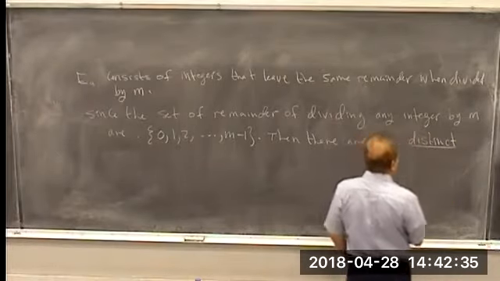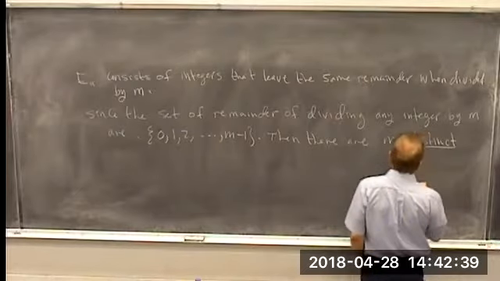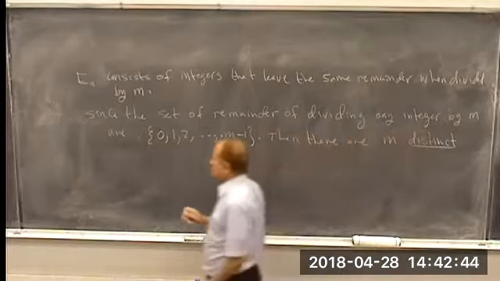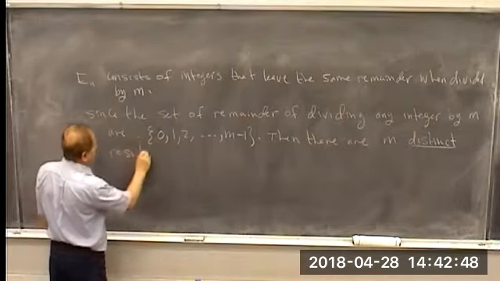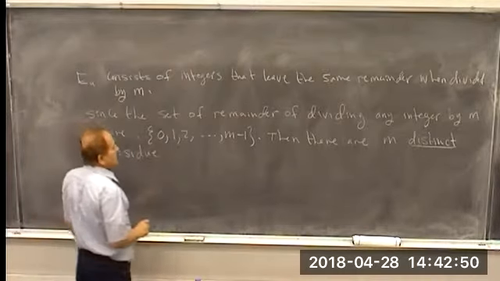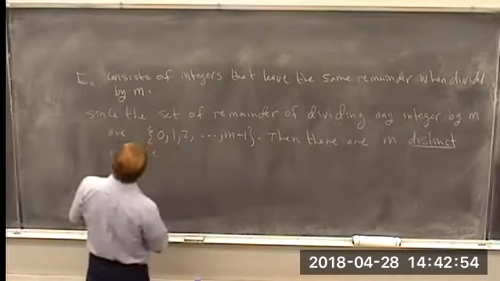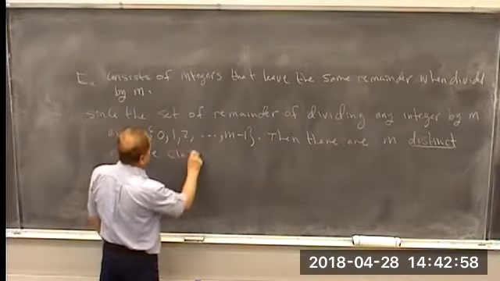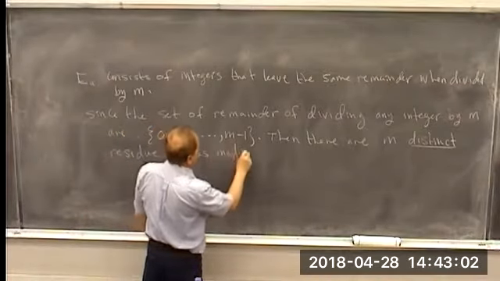Remember, the intersection is empty if they are not congruent. So these are called residue classes mod m.